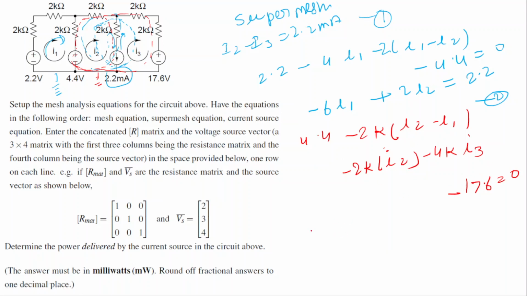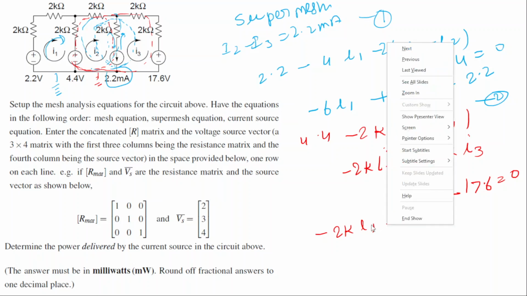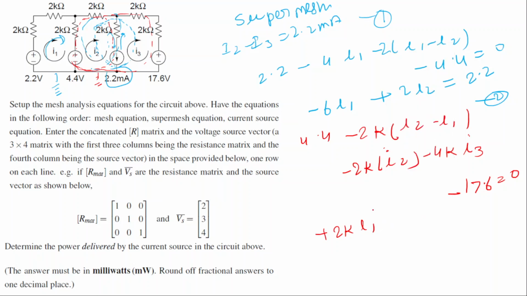It will become minus 2k times I1 plus 2k times I1 minus 4k times I2 minus 4k times I3 equals to 17.6 minus 4.4, which is around 13.2. Okay, so this is our third equation.